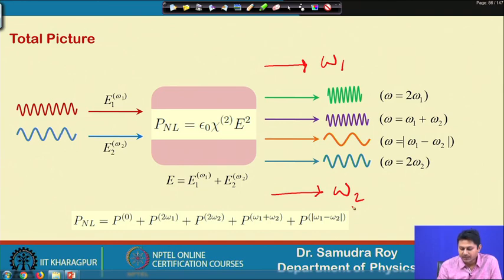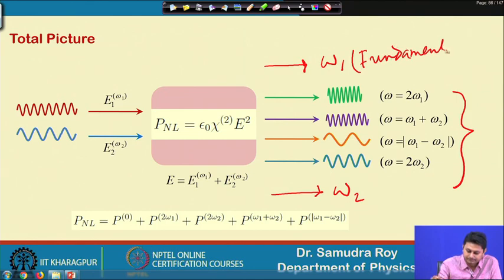So, there should be 6 different frequencies in principle there, but due to the nonlinear effect, these additional frequencies are going to be generated. These are the fundamental frequencies, which are always there.